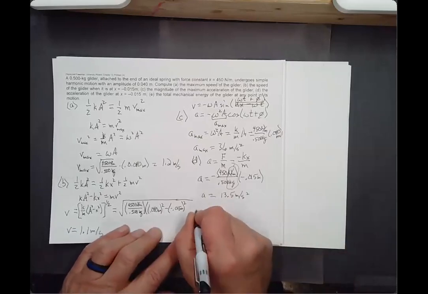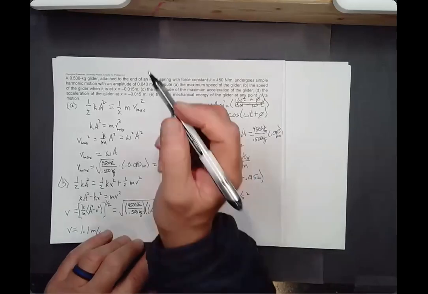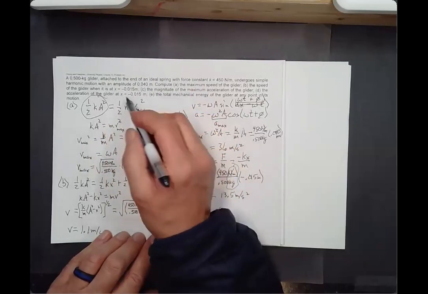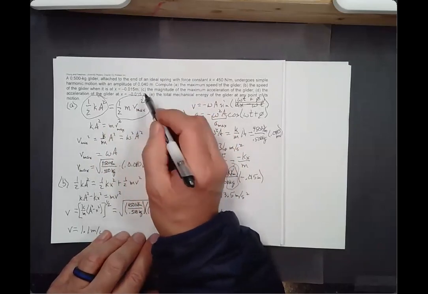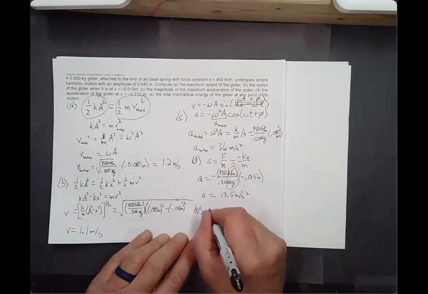Okay, and then finally, the total mechanical energy of the glider at any point. Well, I can figure that out a bunch of ways. I can use 1/2 kA squared. I can use 1/2 m v max squared, which I now know. Let's just do the 1/2 kA squared.